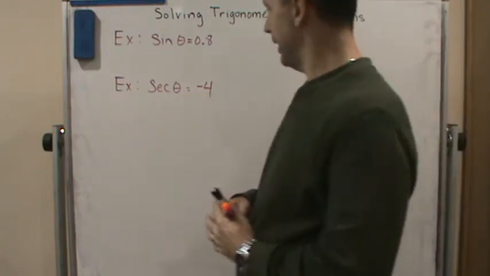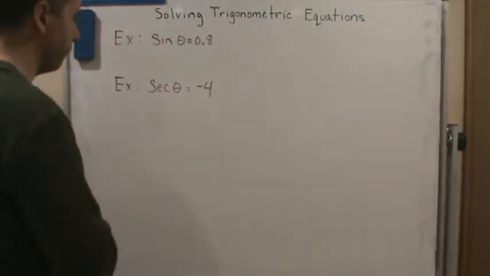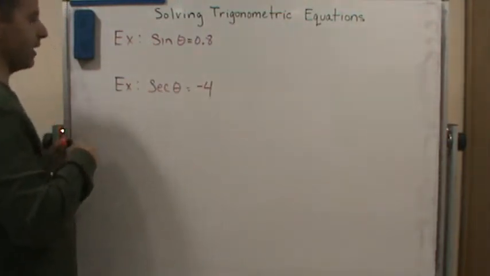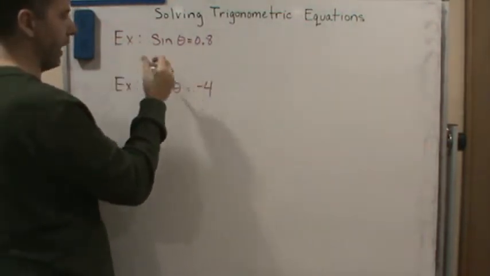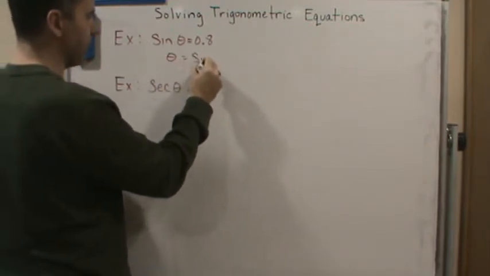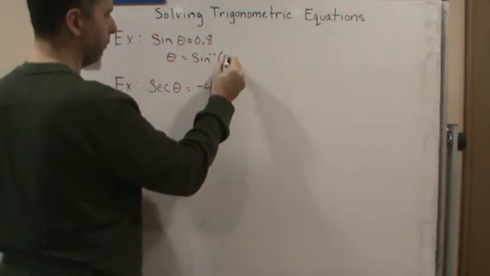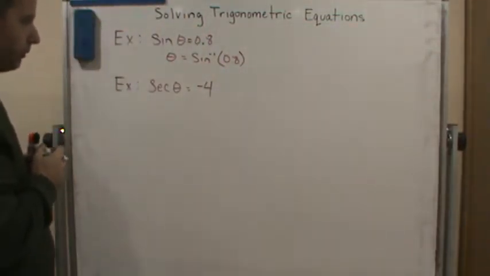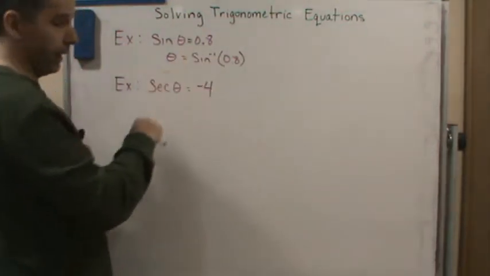Okay, and in this case we're going to have to use inverse sine here, right? So we can set it up by taking inverse sine on both sides, and then that'll give us theta is equal to inverse sine of 0.8. Okay, now notice that this is positive, right?